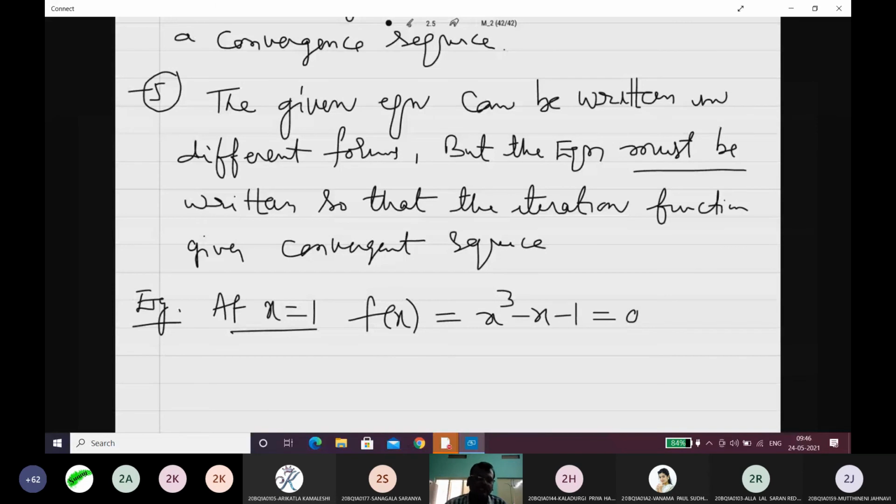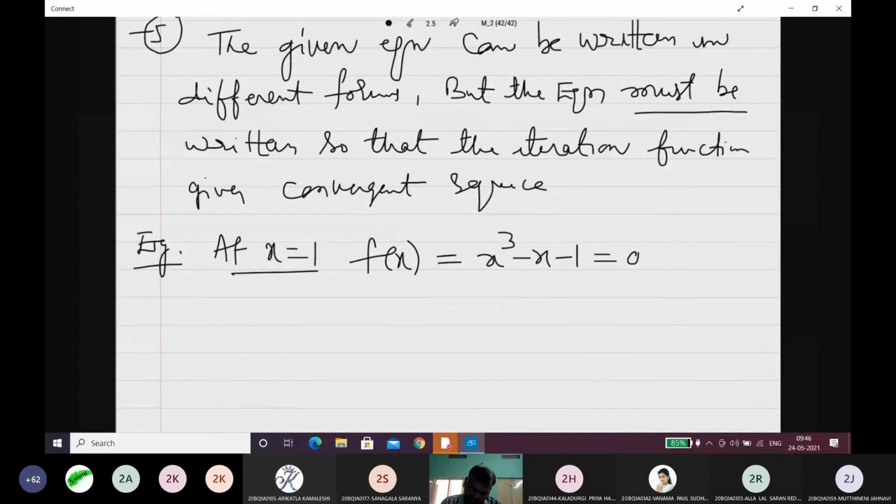Maybe more than 1 or 2 or 3 or 4. From that we can choose x is equal to phi of x, then phi dash x must be less than 1. Then only it gives the approximate root of this equation. Otherwise it won't give the approximate root. That is very, very important.